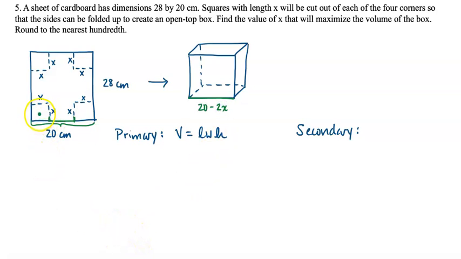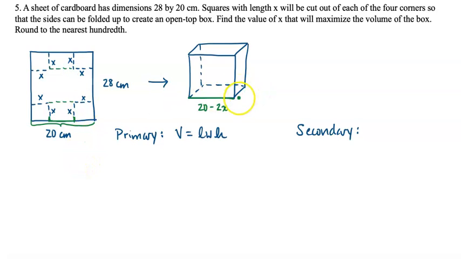Because if we cut out these squares of length and width x, we're really taking the 20 centimeters and subtracting 2 times x, because this is going to become the width of this box, if we imagine folding these four sides of the box up. So this is the length and the width of this box.